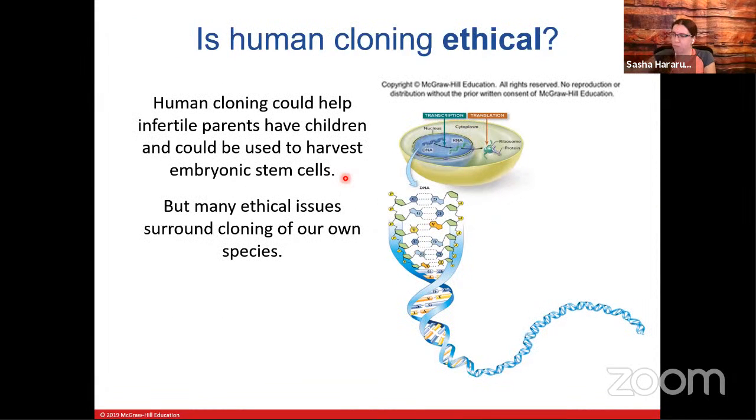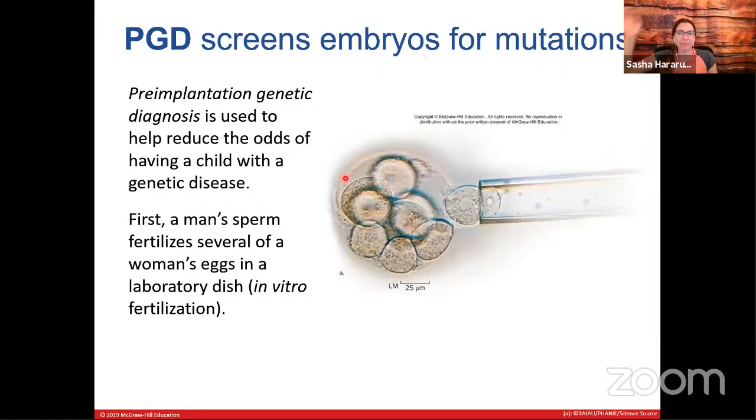All right. So another useful example of biotechnology is so-called PGD, which stands for preimplantation genetic diagnosis, and it's used to help reduce the odds of having a child with a genetic disease.